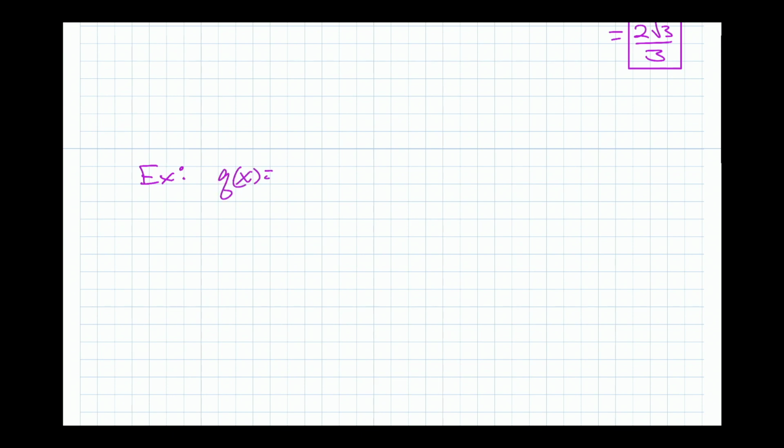Q of x is 2x cubed plus x squared plus 3x minus 15. They tell me we want to find Q inverse prime of minus 9.